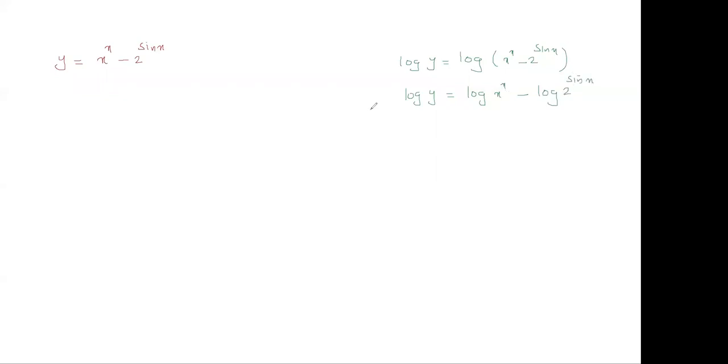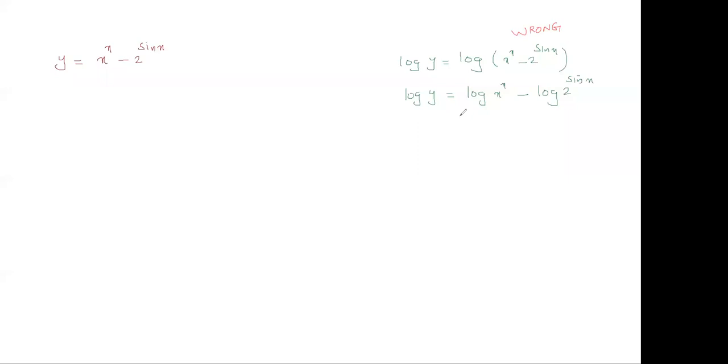Many students write like this, I have seen it many times. But this is actually wrong. Can you say why it is wrong? Anybody can say why that step is wrong? Whatever I showed with green ink, that is actually the wrong step.